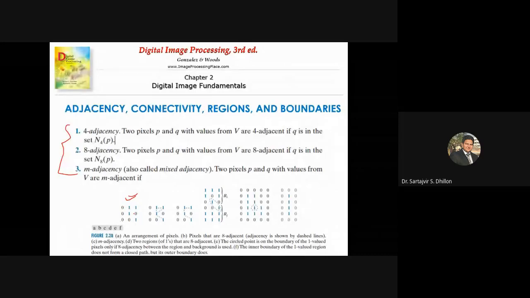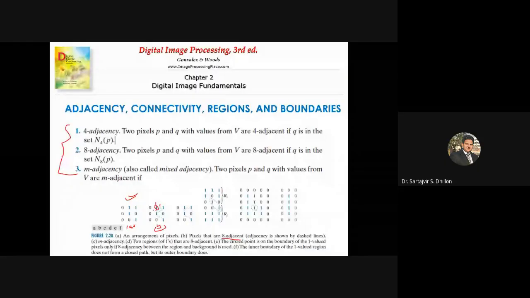Here, figure A is representing the arrangement of pixels. Now figure B is representing the eight adjacent pixels. What it means here, you can check from this figure.